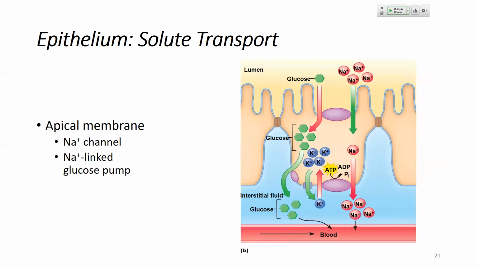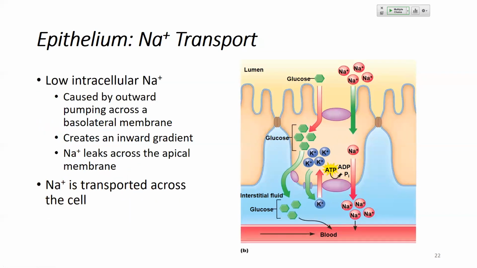What type of transport is the sodium-linked glucose pump? Perfect, thank you. Secondary active transport. So we're using the energy that's harnessed from this ion moving down its concentration gradient, and we can move glucose against its concentration gradient.